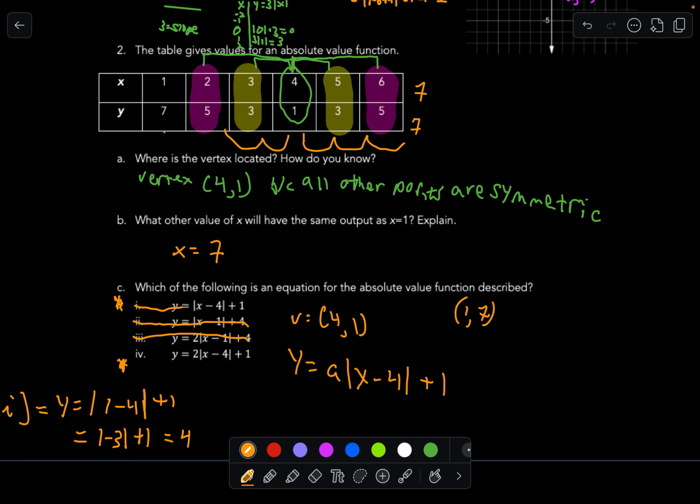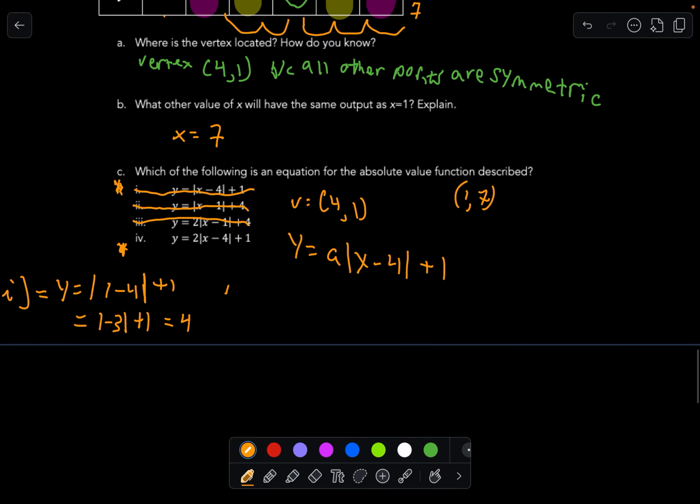So there's only one choice remaining, and that would be IV. But let me show you why it's IV. IV, which is Roman numeral for 4, if you plug in x equals 1, we should get 7 out for y.